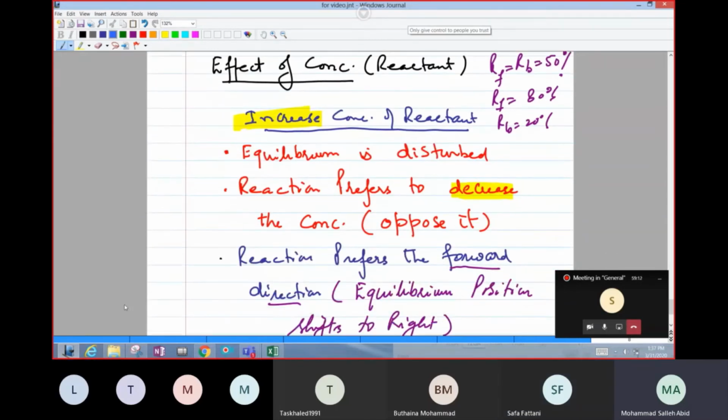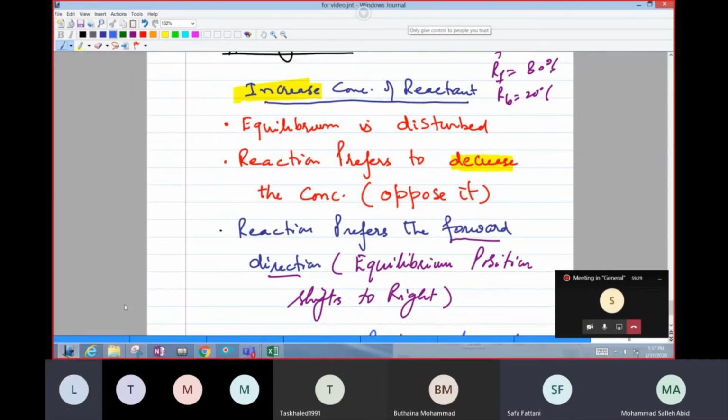So your explanation has to be in terms of whether the products are more or less. So this was when you increase the concentration of the reactant.